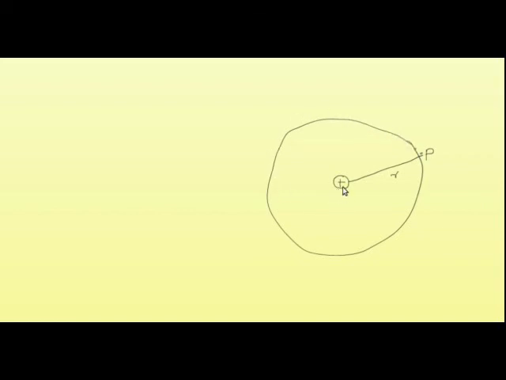So if we want to find the electric field due to a point charge, first we should construct a closed surface around this point charge, so that the point P lies on the surface, and this surface is called a Gaussian surface. Now consider a small area over this closed surface.